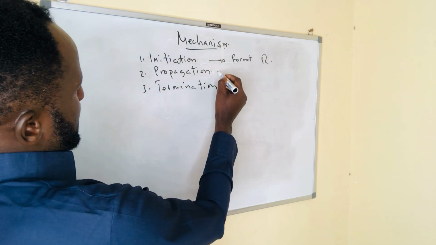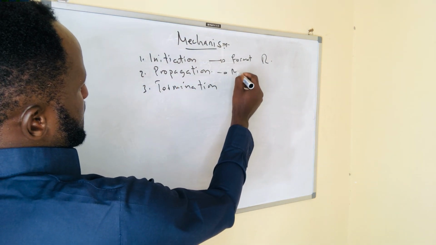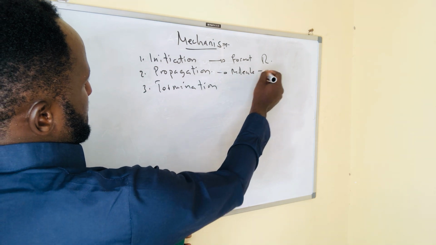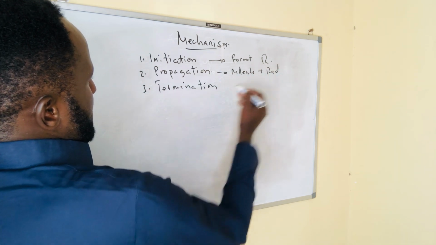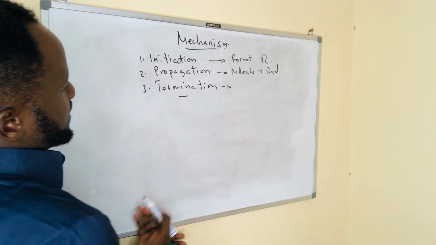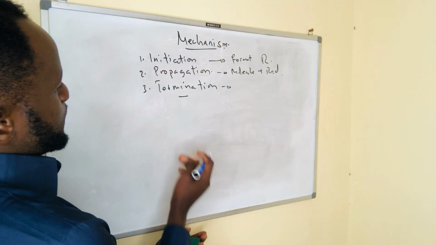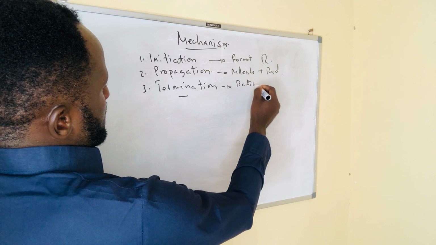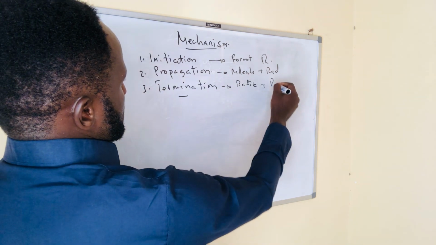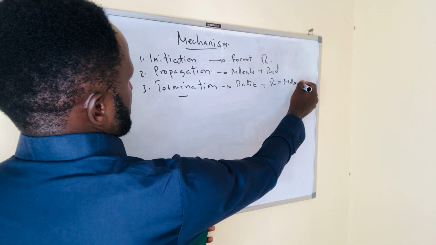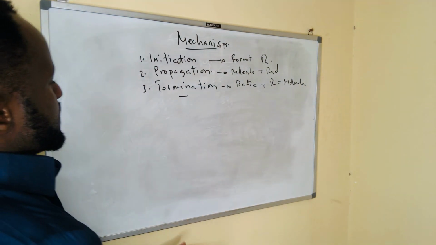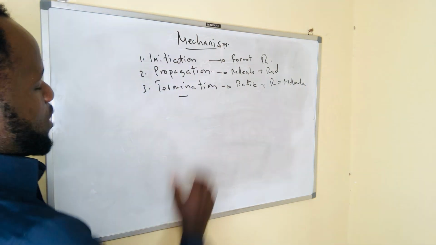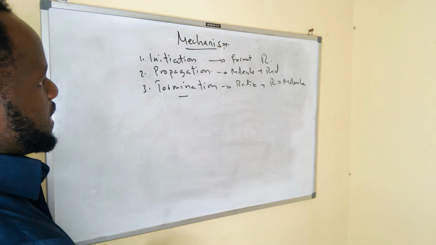In propagation, we are going to see a reaction between molecule plus radical. And for the termination step, which is the last step, we are going to see a reaction between radical plus radical to form a molecule. So hiyo mechanism inakuwa involve hizo step kuu tatu.